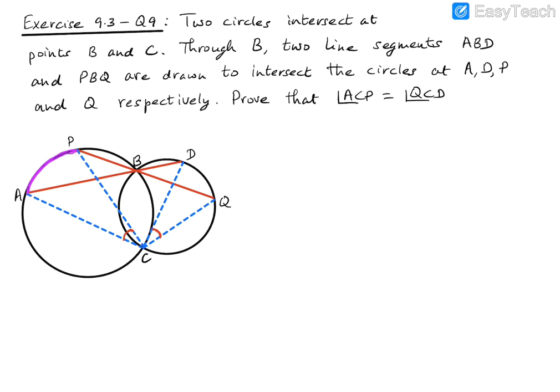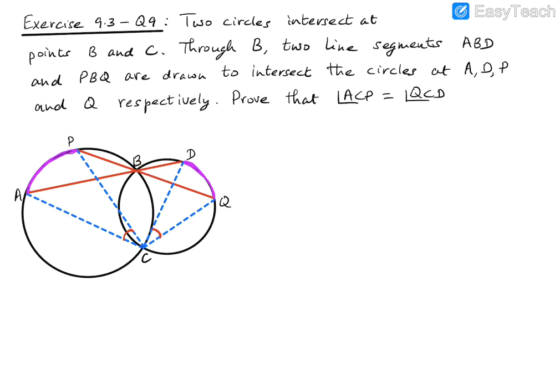Similarly, what we notice is that the angle QCD is the angle subtended by the segment DQ of the circle. So it is this segment over here. It is subtending an angle QCD at the point C on the circle. But we see that the same segment DQ is also subtending an angle QBD at the point B on the circle.